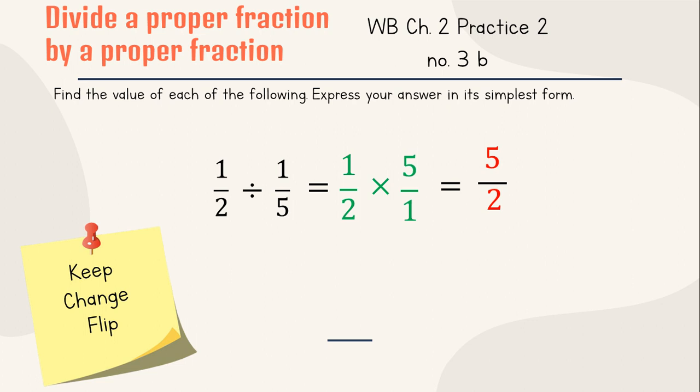But can we make it into the simplest form? What is the simplest form of this? Mixed numbers. This is an improper fraction and we need to make it into a mixed number: 2 and 1 per 2. If you have a question about why an improper fraction can be a mixed number, please go back to primary 4 and open up your primary 4 books again so you can find the answers there.